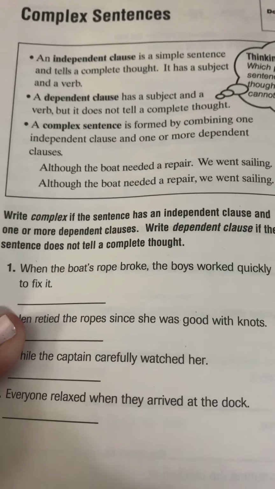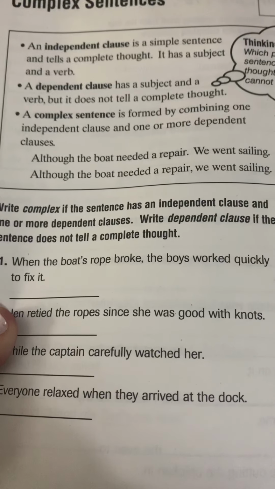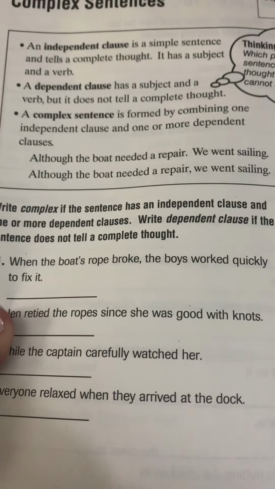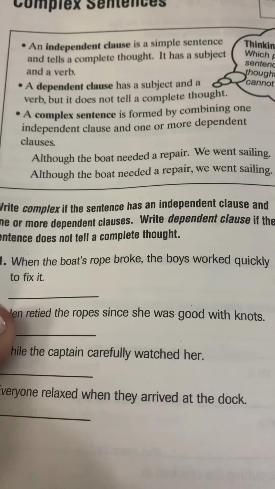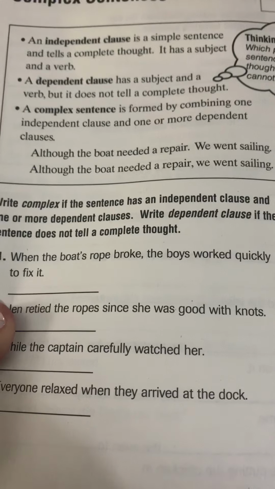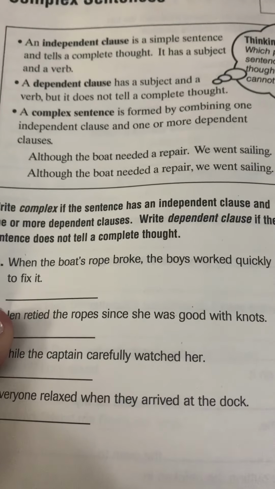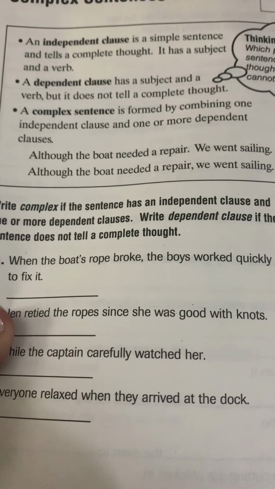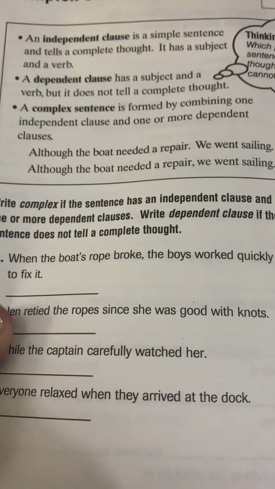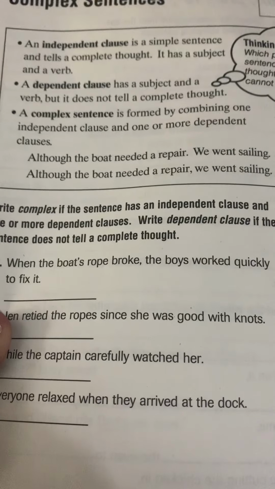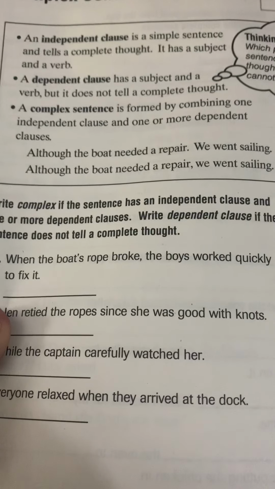So when we are talking about a complex sentence, that's formed when we combine an independent clause and one or more dependent clauses. So an independent clause, boys and girls, is a simple sentence and it tells a complete thought. It has a subject, it has a verb.